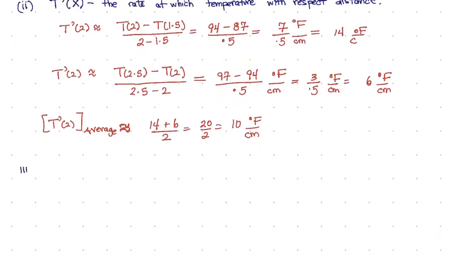So a little explanation is that when we did T prime of 2 is equal to T of 2 minus T of 1.5 all over 2 minus 1.5, the name for this in numerical mathematics is called a backward difference method.